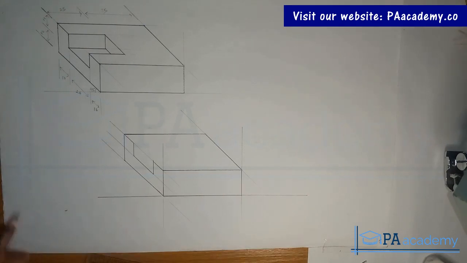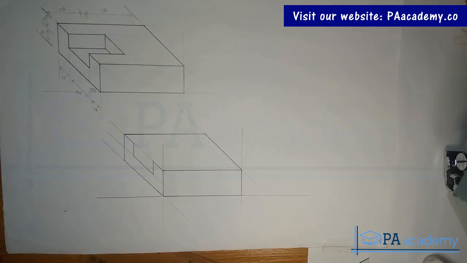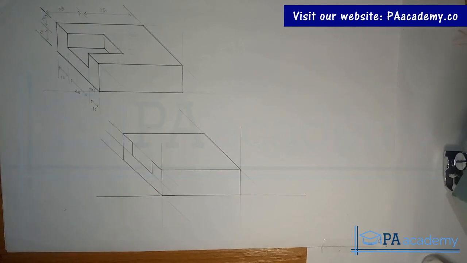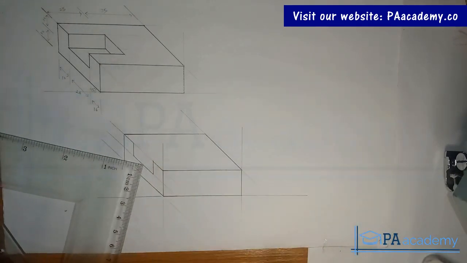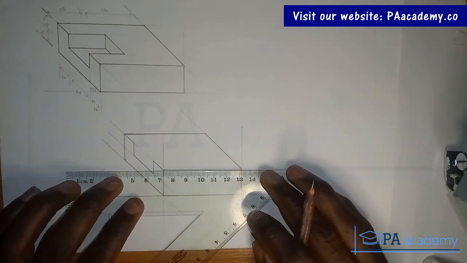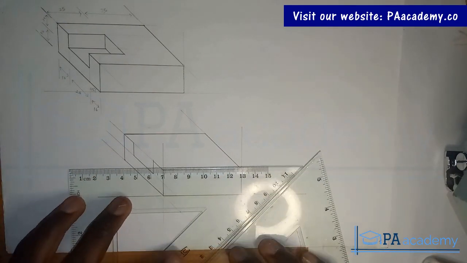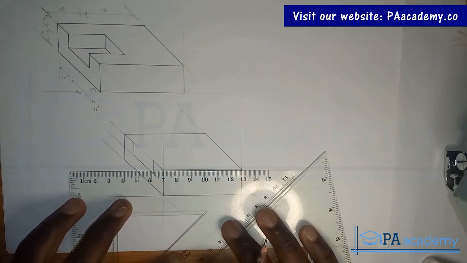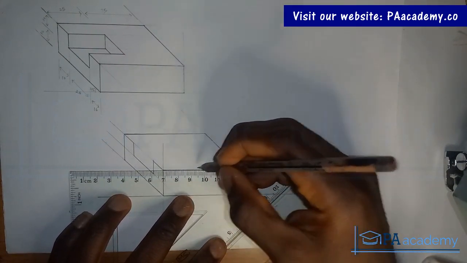Alright, so the next thing we want to do is to get this inner part here. So what I'll just do is, let me bring back my set square. Let me just make sure that it's straight on this line.